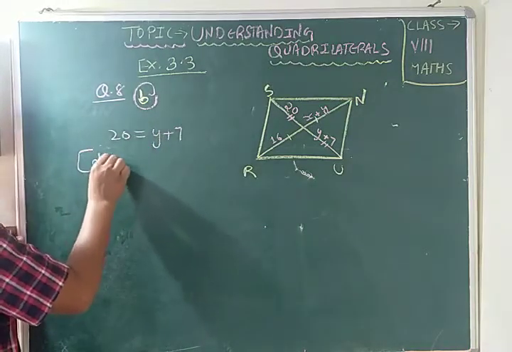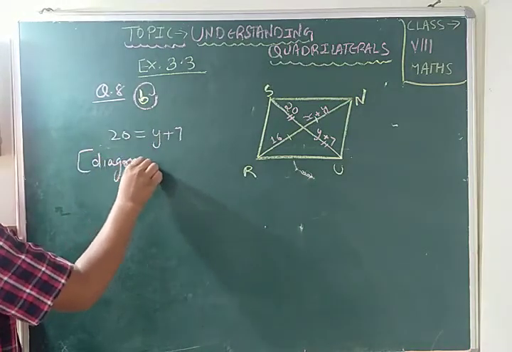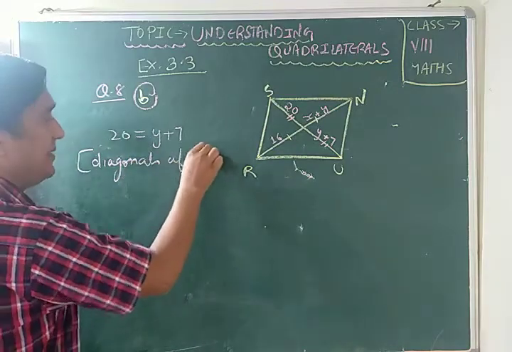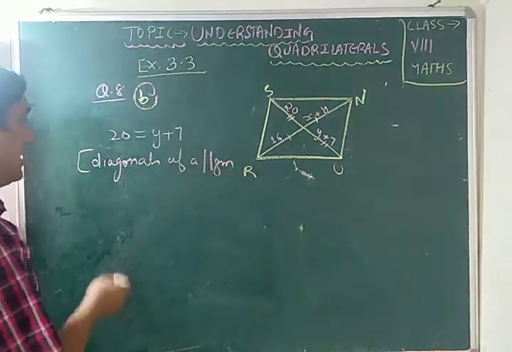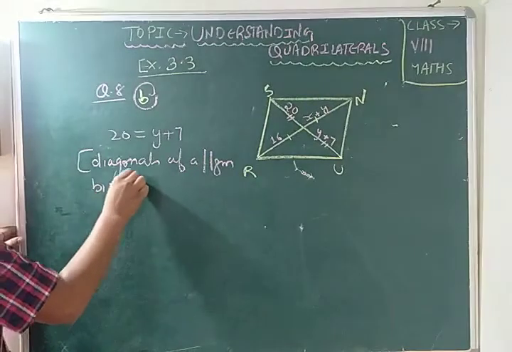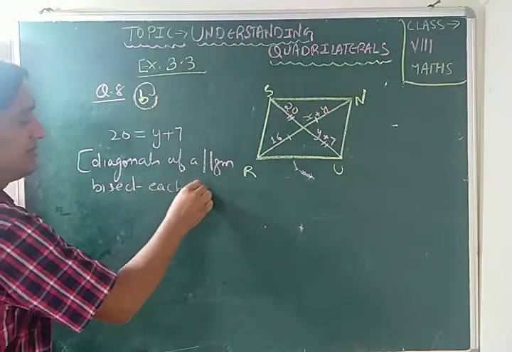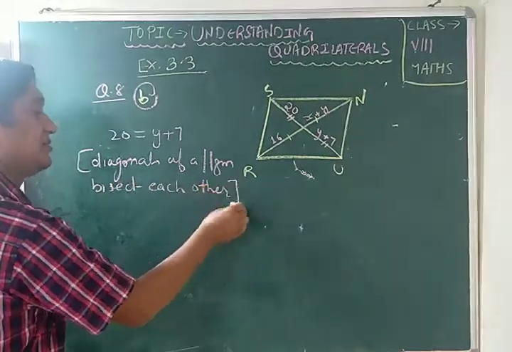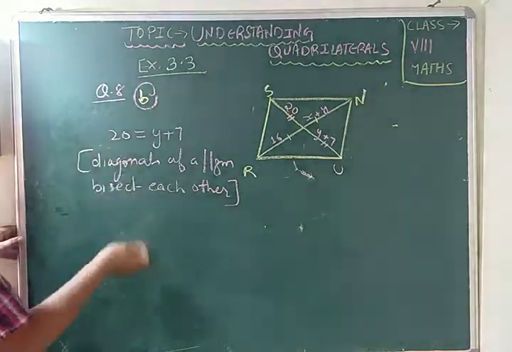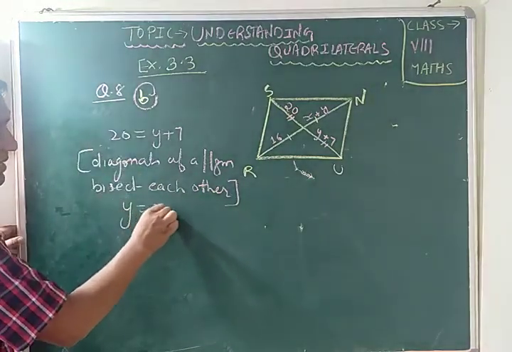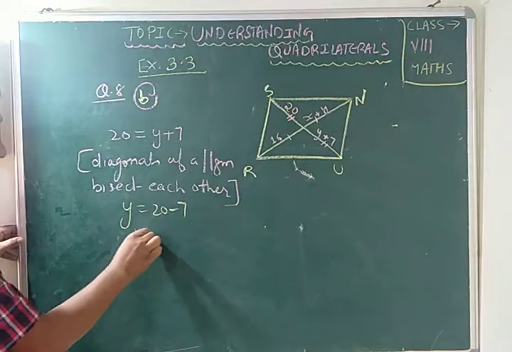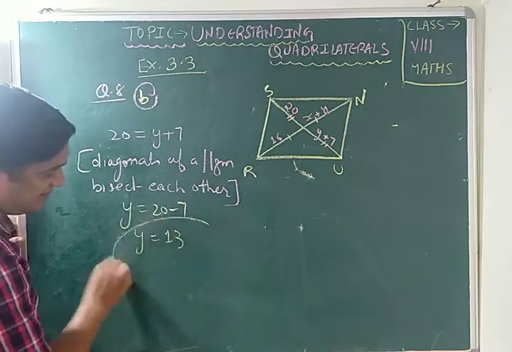Diagonals of a parallelogram bisect each other. So the value of y is 20 minus 7, that is 13.